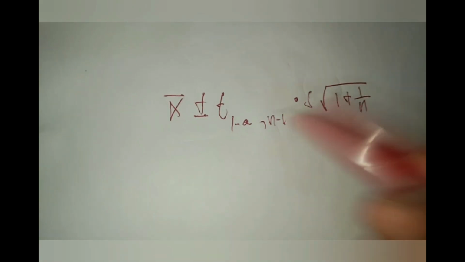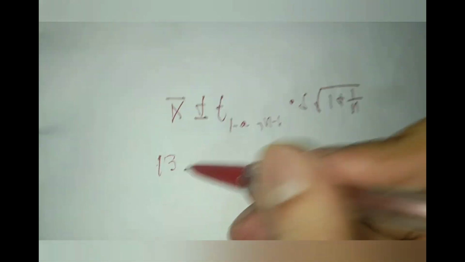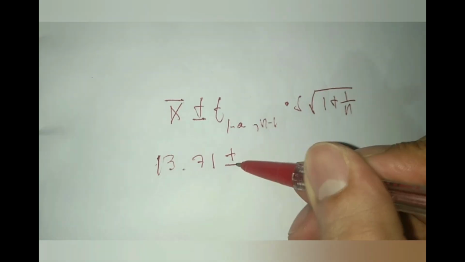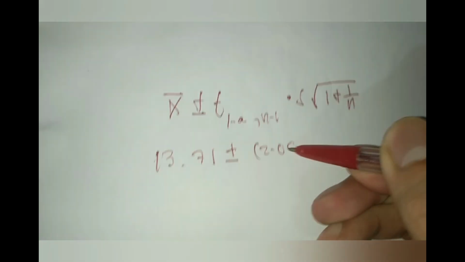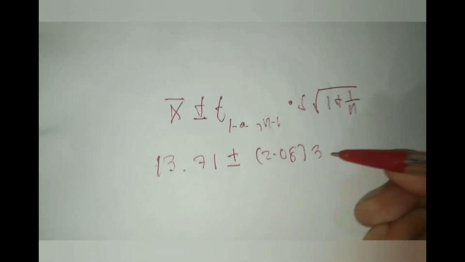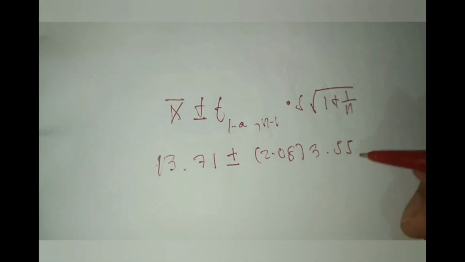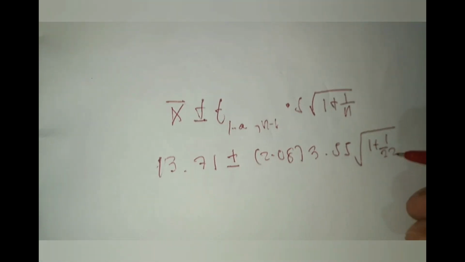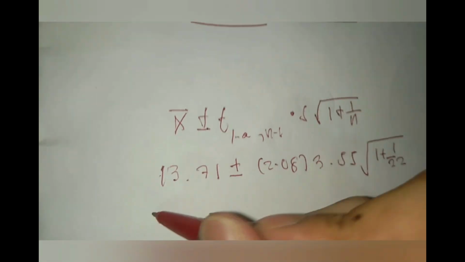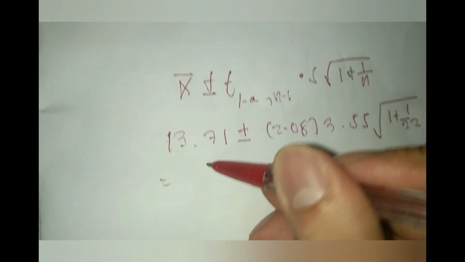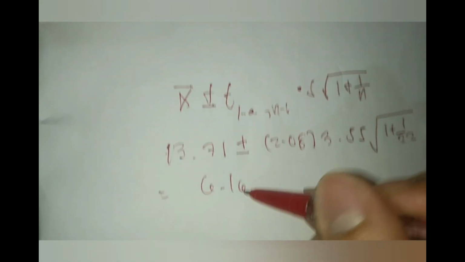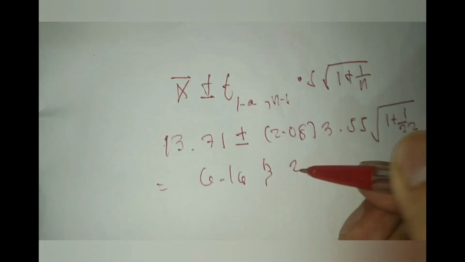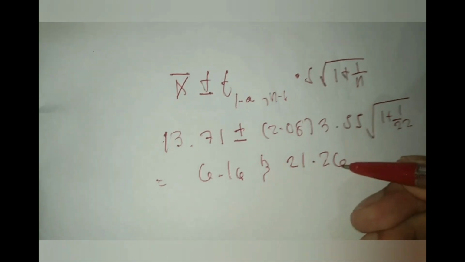Inputting the values, we get 13.71 plus minus 2.08 times 3.55 times the square root of 1 plus 1 over 22, which gives us 6.16 and 21.26.